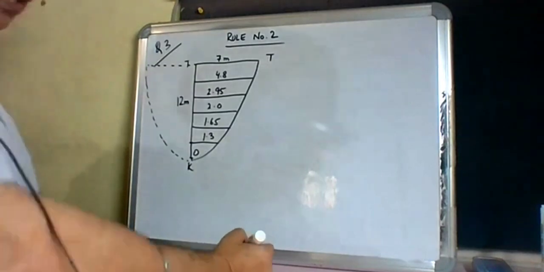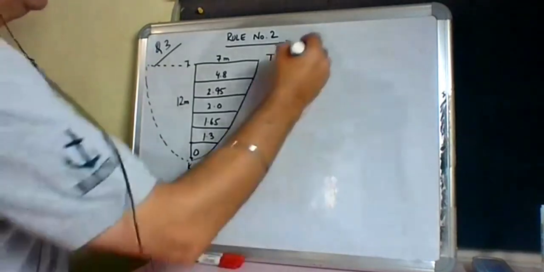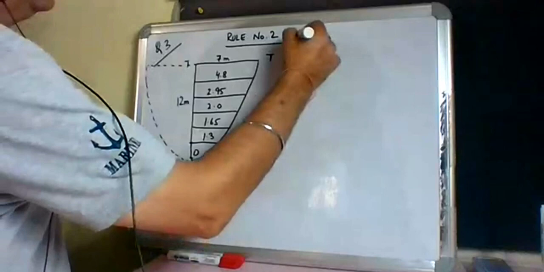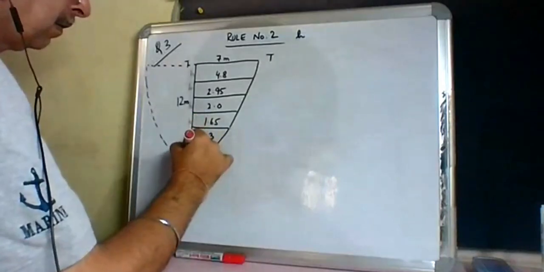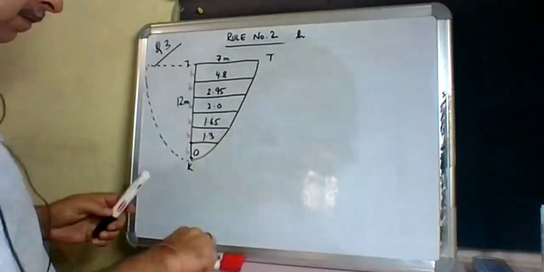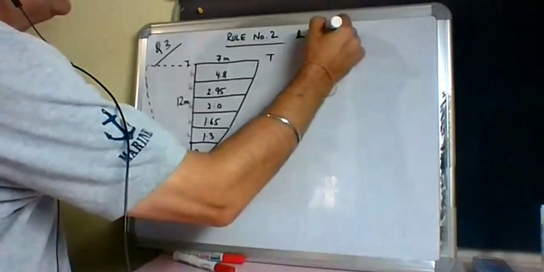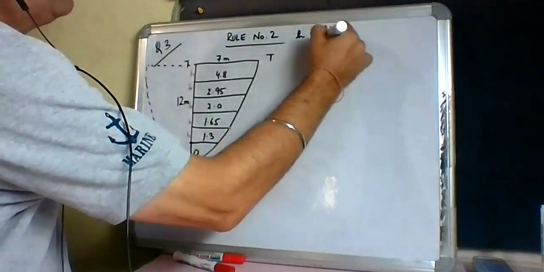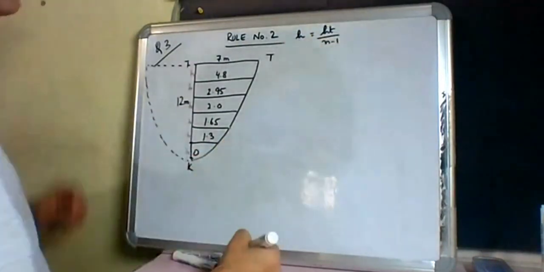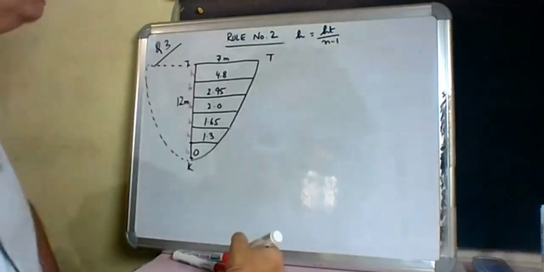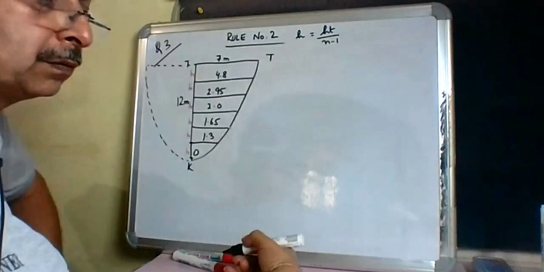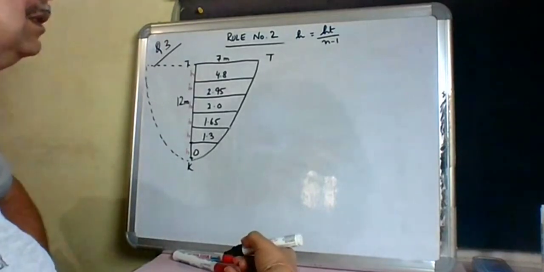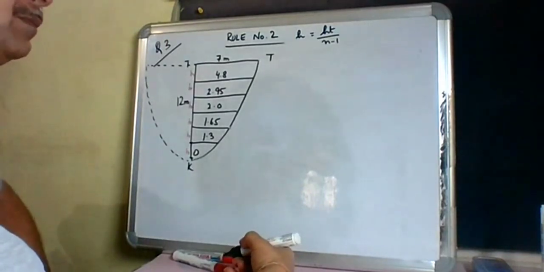So in this kind of question, h is this. This is h. So h is equal to height divided by n minus 1. So in a bulkhead kind of question, it will become height divided by n minus 1.